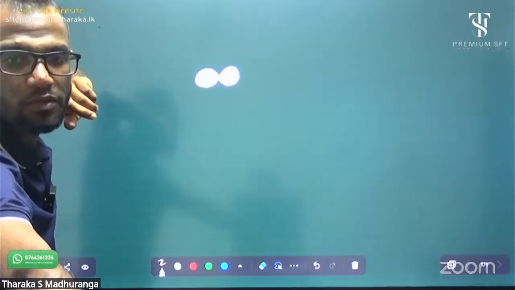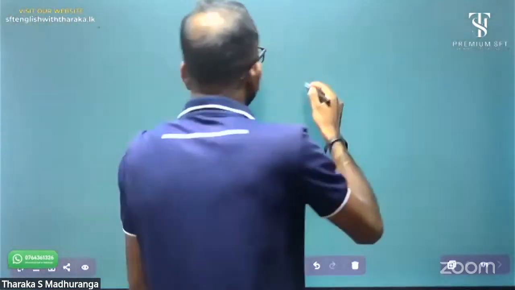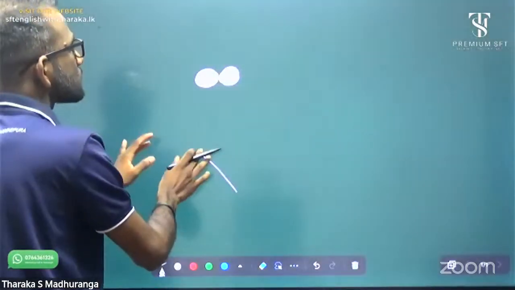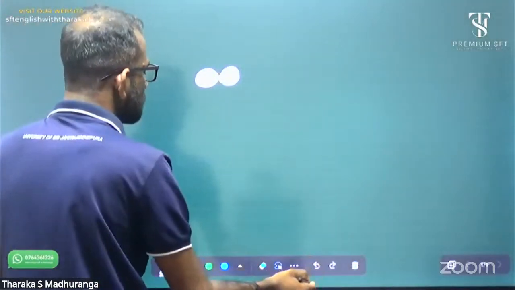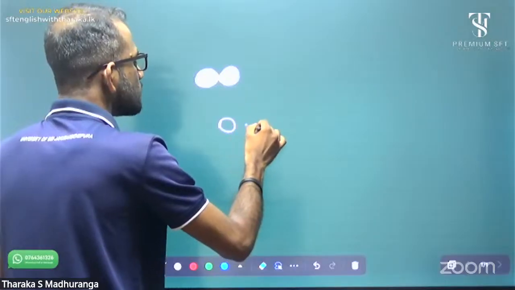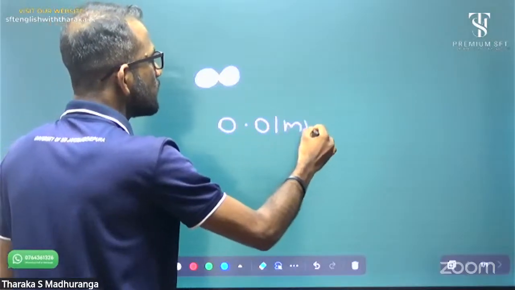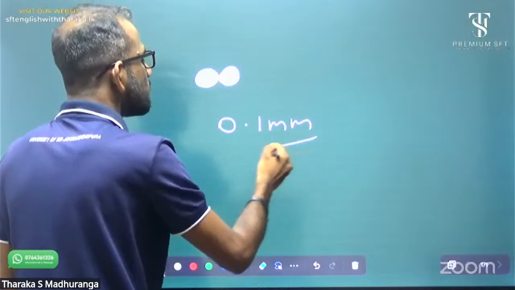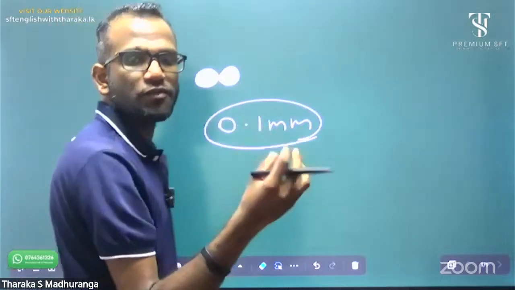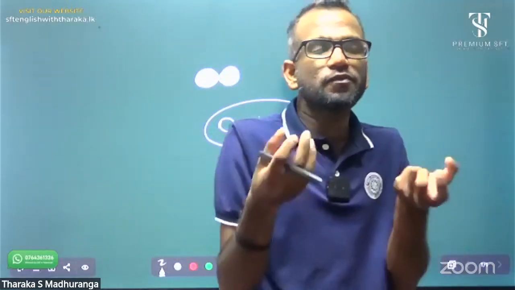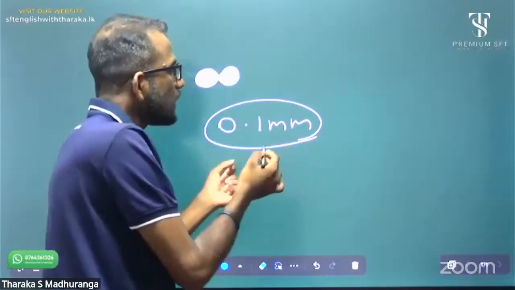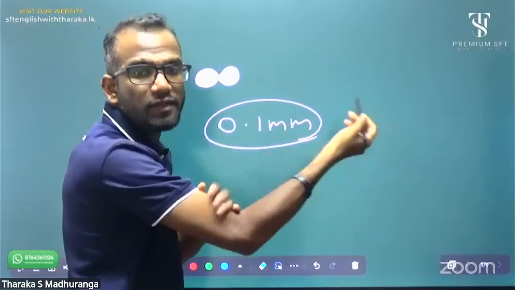That's why I told you about the 0.1 millimeter. 0.1 millimeter is the maximum visibility of our naked eye. We can separately identify two substances only if the gap is greater than 0.1 millimeter.